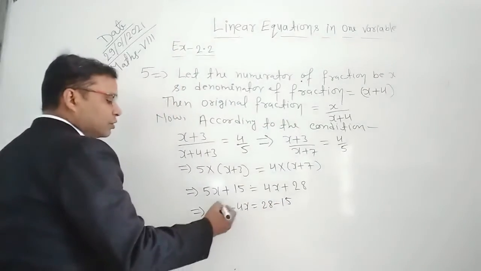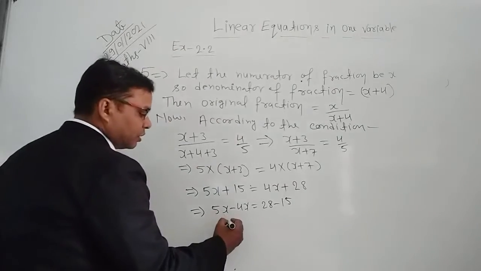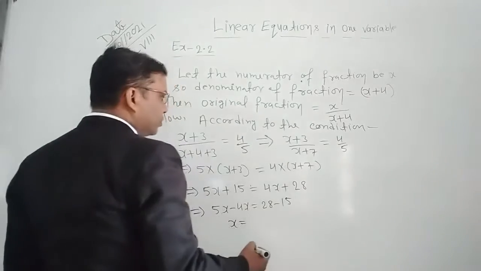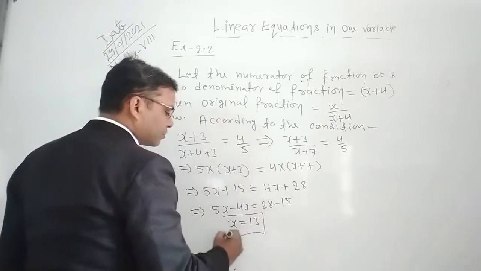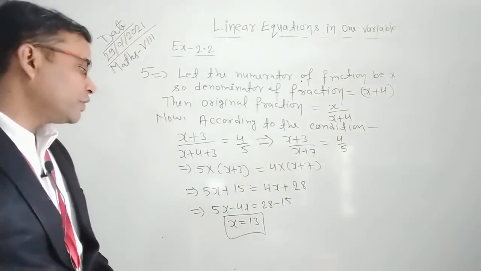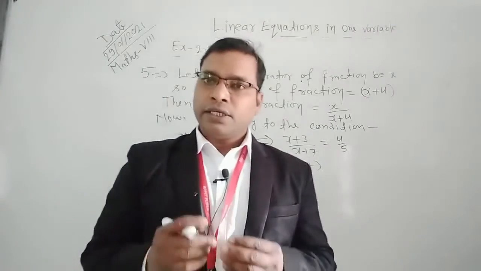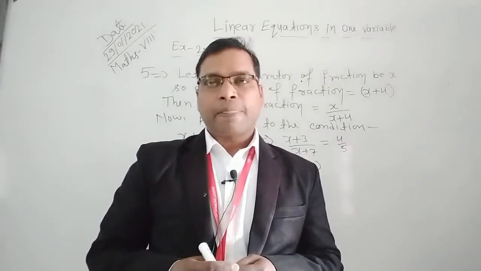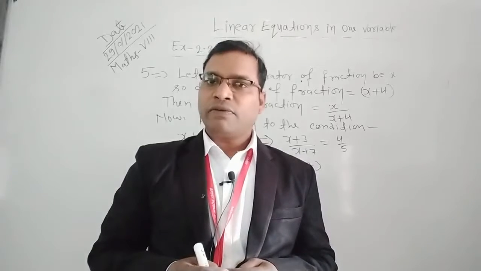Clear now? So 5x minus 4x is equal to only x. 28 minus 15 is equal to what? 13. So here you can see we find the value of x. Value of x is equal to 13. So what is its numerator? Because we already let the numerator of this fraction be x, we find the value of x is 13.